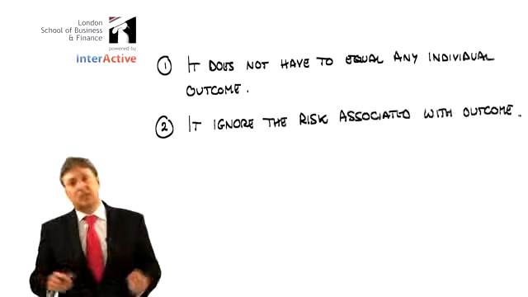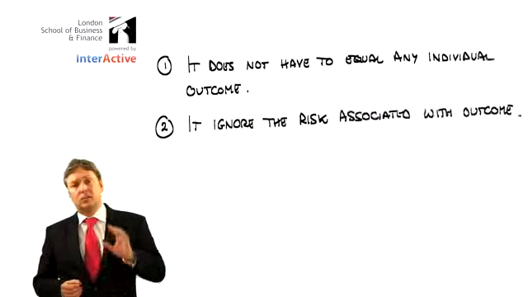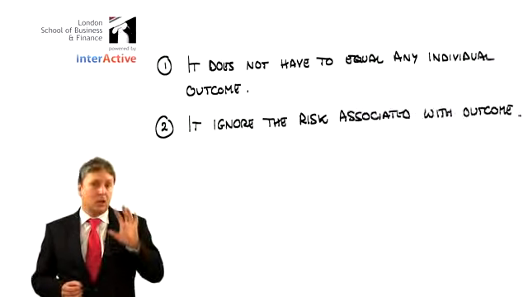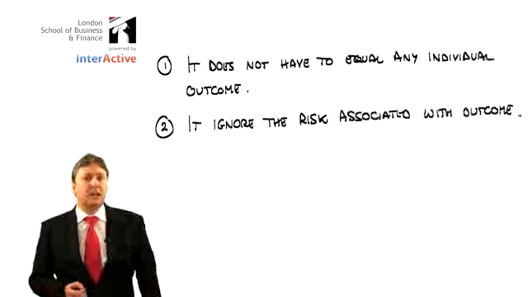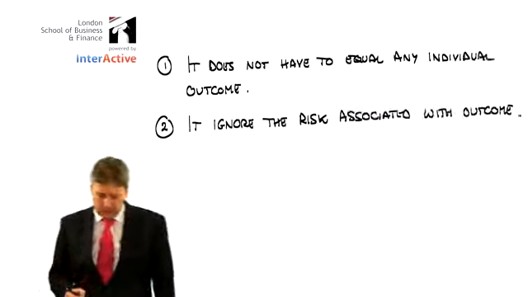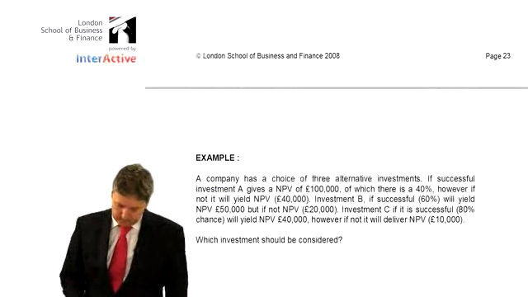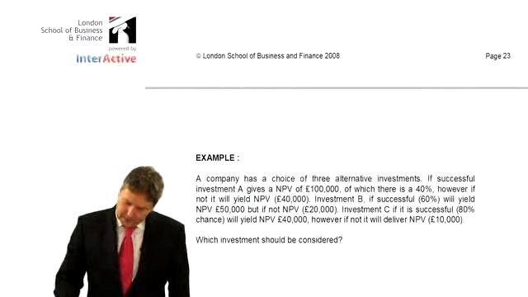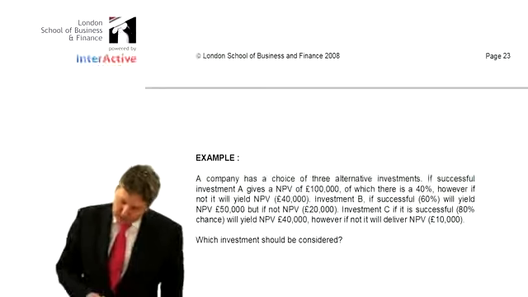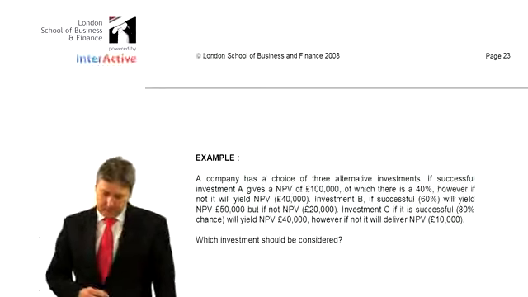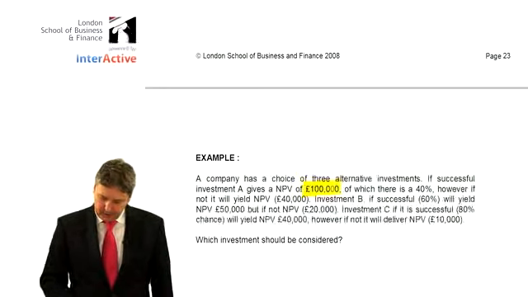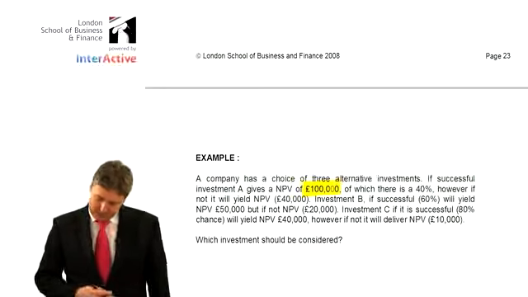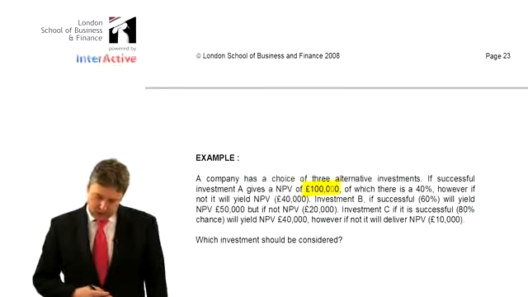Now, we would expect something to do with expected values somewhere within your exam. Let's just look at a simple example to see the sort of thing that we may get. A company has the choice of 3 alternative investments. If successful, investment A gives a net present value of 100,000, of which there is a 40% chance.